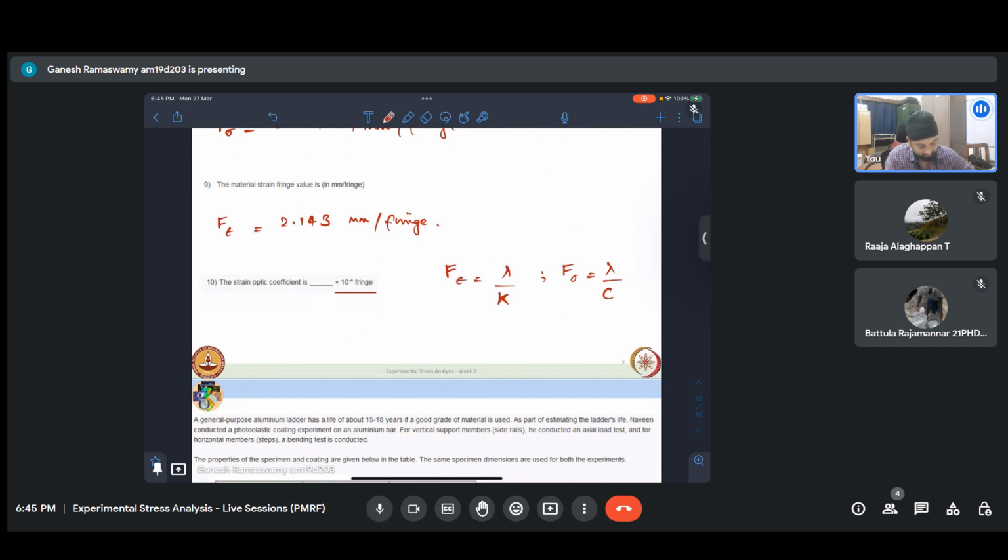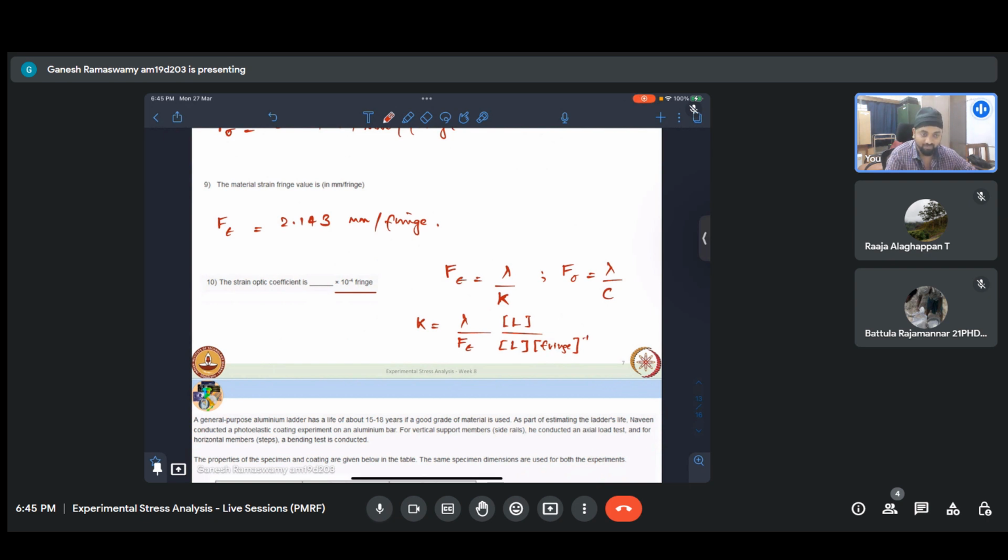So we know that K is nothing but lambda by F sigma. If we were to see the units, lambda is length, the dimension is length, and this is length per fringe. Fringe, essentially, this is a very crude way to write.